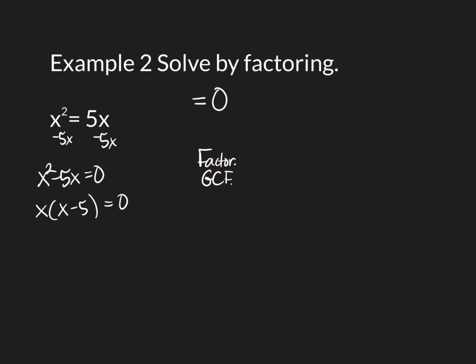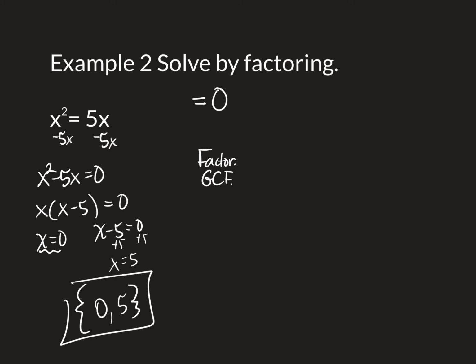So I know I'm going to have x equals 0, x minus 5 equals 0. This one's already solved, x equals 0. Add 5 for this one, x equals 5. So the solutions for this are 0 and 5. This parabola would cross the x-axis at 0, 5. On to number 3.